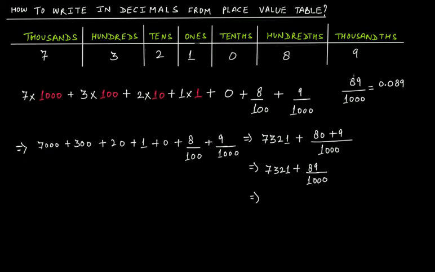You have 2 digits, and how many zeros? You have 3. So 3 minus 2 means 1. So you'll write 8 and 9, and 1 means 1 zero, then put a decimal point here and 0.089.